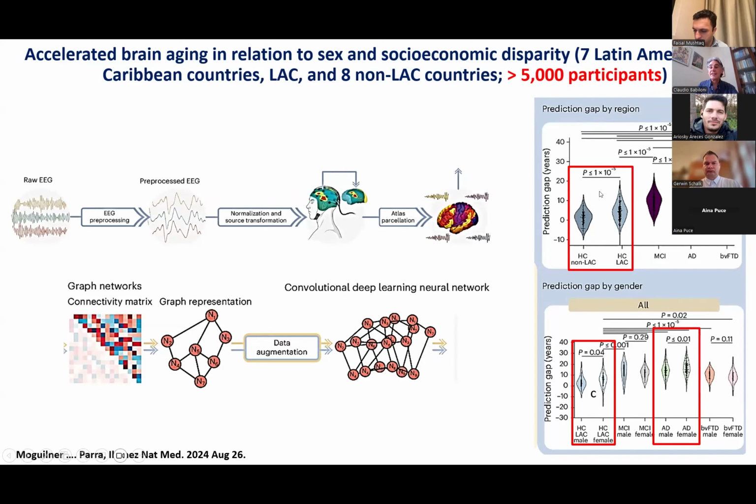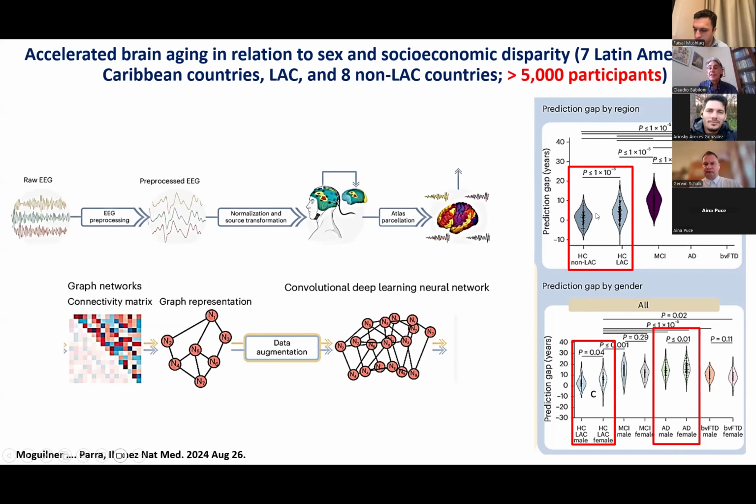And they were able to use machine learning tools, trained on Western country EEG data, to predict the age of the person. And so when they trained these machine learning tools, they used them to predict the age of persons from Latin American and Caribbean countries based on EEG.